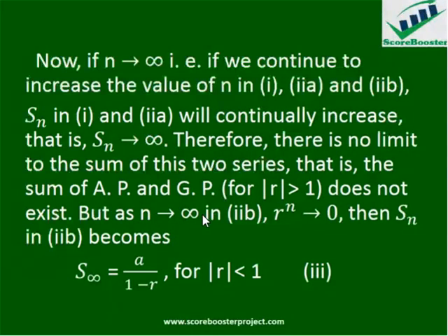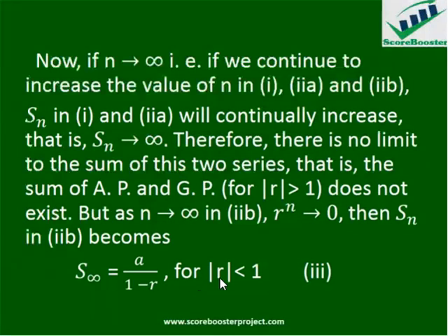But as n tends to infinity in 2b, that is when absolute value of r is less than 1, r raised to power n tends to 0. Then Sn in 2b becomes S infinity, that is when n is very large. When n tends to infinity, r raised to power n will have become 0, and we have this formula.